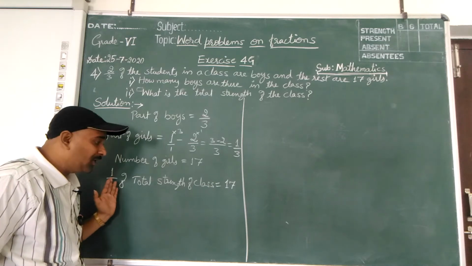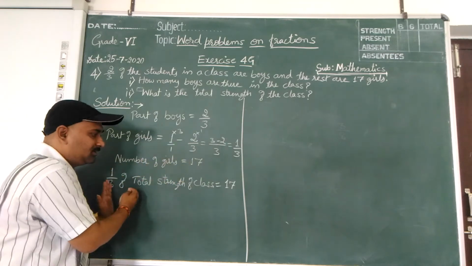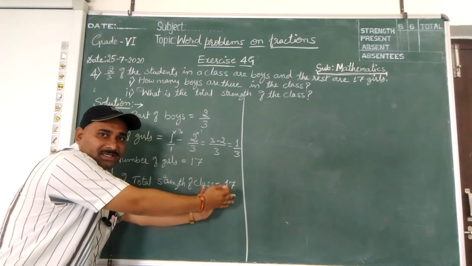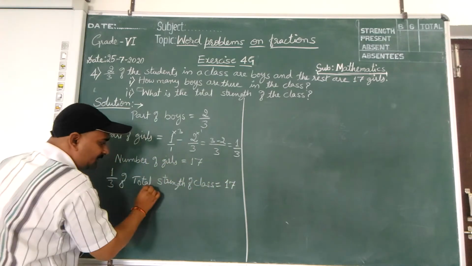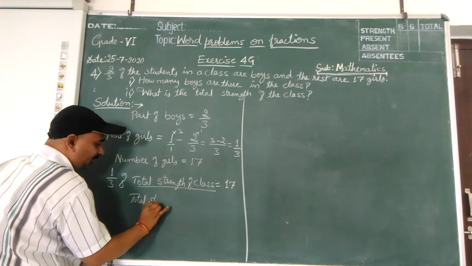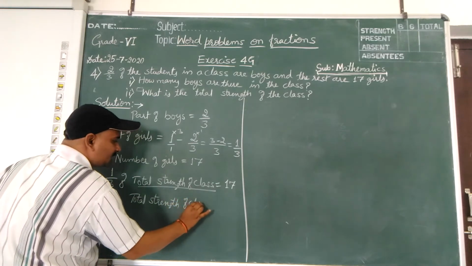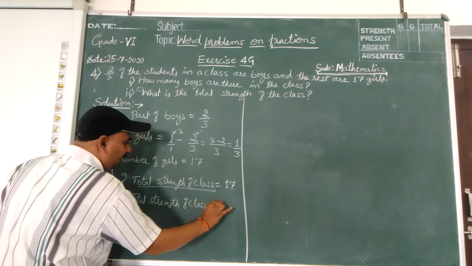How many? 1/3 of total strength will be the girls' strength, 17. This we have to find out. So total strength of class equal to 17.